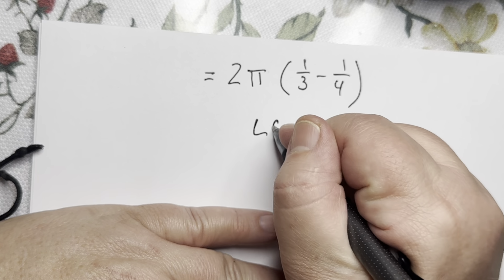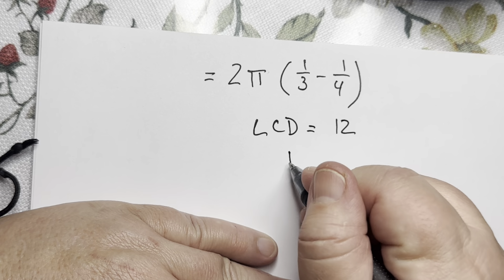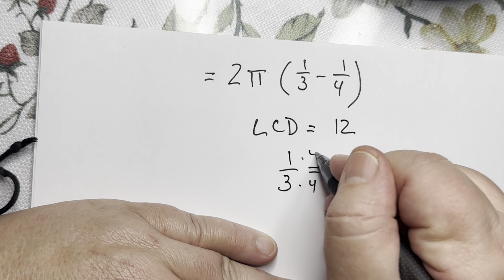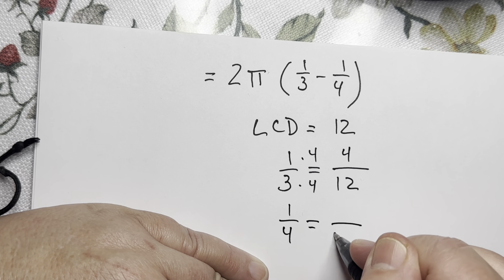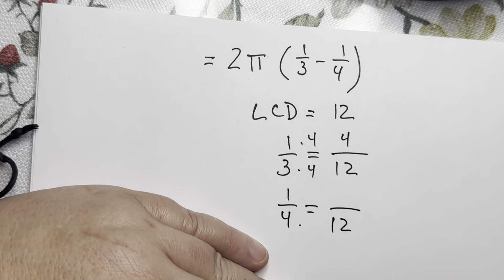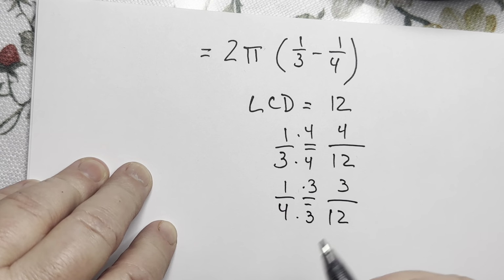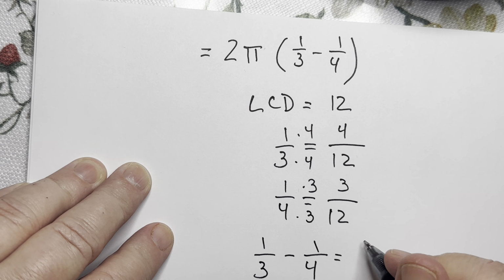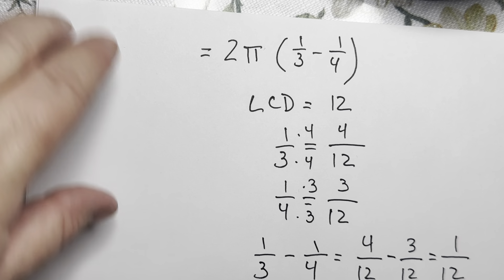So, least common denominator, 12, you got it. 1/3 converted to 12 is 4/12. 1/4 converted to 12ths, 3. You got it. So if I take 1/3 minus 1/4, that's really just 4/12 minus 3/12, and that's 1/12.